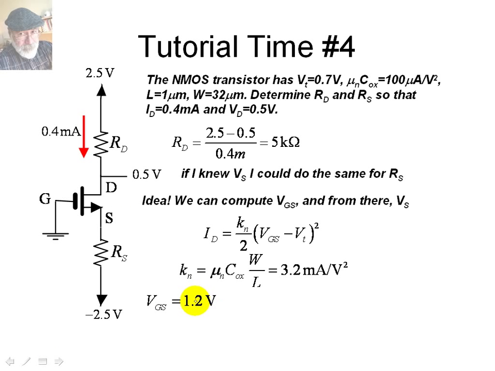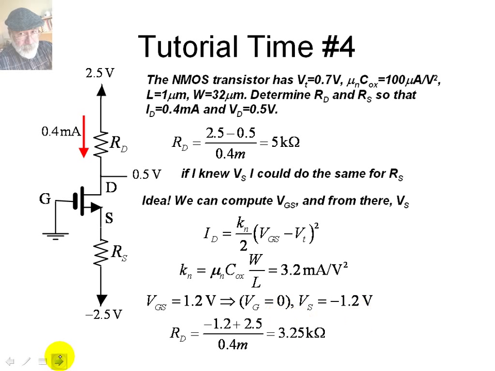Now that we have that one, we can follow our plan and say VGS is 1.2. G is higher than S by 1.2 volts, but G is at 0 volts. So VS is negative 1.2 volts. Perfect. We know the voltage here is negative 1.2 volts. The voltage here is negative 2.5 and the current through is the same as on the top, 0.4 milliamps.